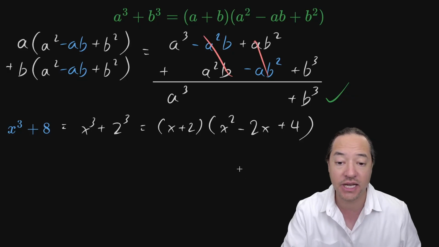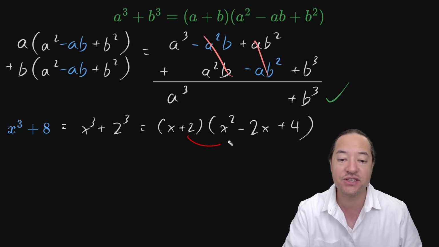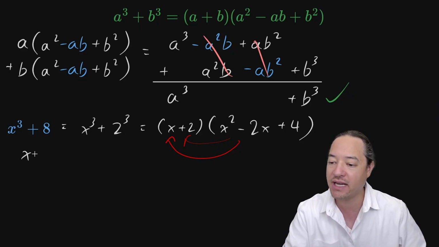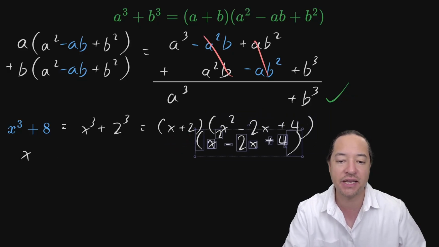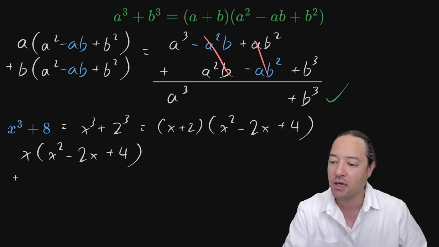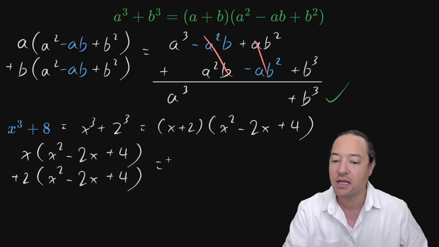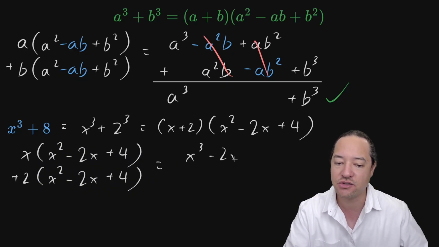And let's check. Okay, let's multiply these two together. So we're going to distribute this term into the parentheses just like that. We'll wind up with an x multiplied by this quadratic plus a 2 multiplied by that same quadratic. Let's do the arithmetic. This will give us an x cubed minus a 2x squared plus a 4x.